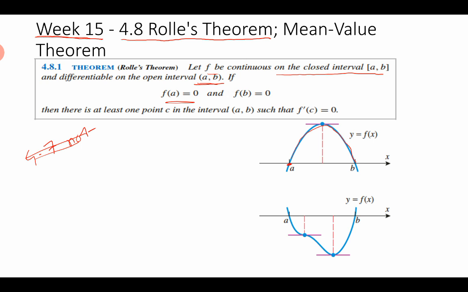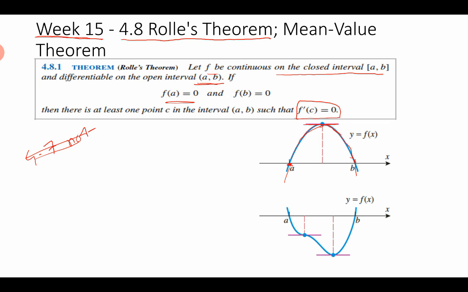It means it crosses the x-axis at the lower limit, and at the upper end the function again crosses the x-axis. Then between these two points the function should turn back at least at one point. At the turning point the derivative will be 0 because there will be a horizontal tangent line. Its angle is 0, so the slope will be 0. That is the meaning of Rolle's theorem, the first derivative.